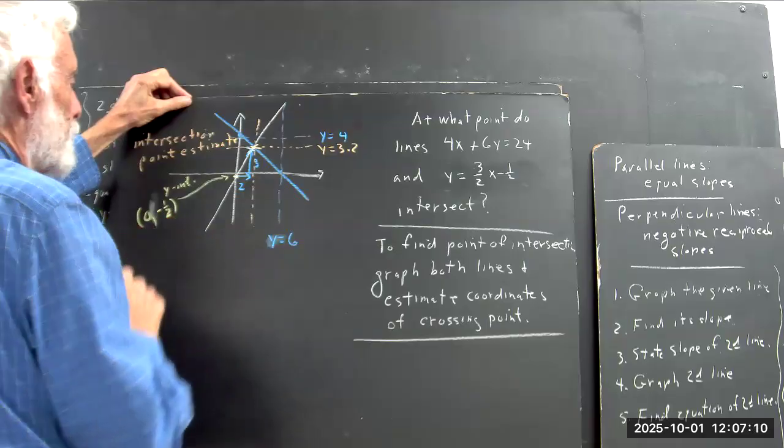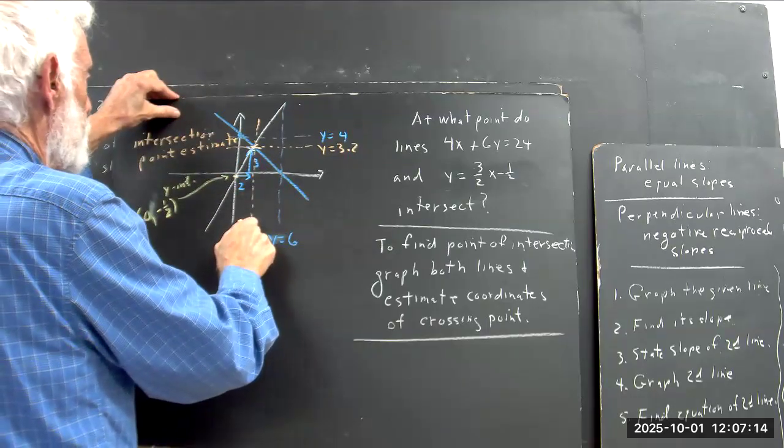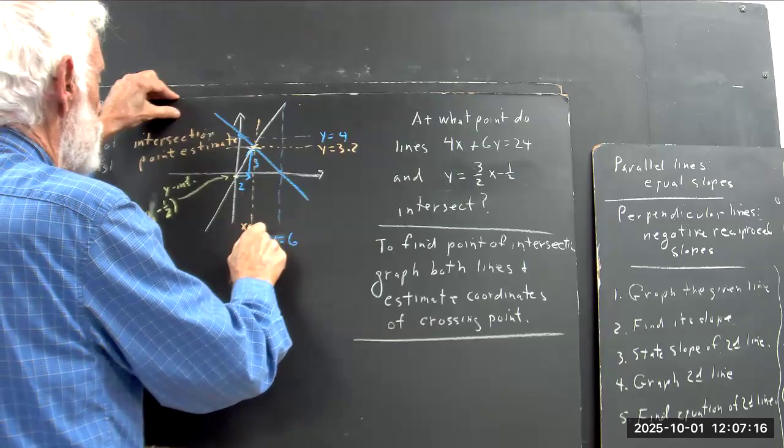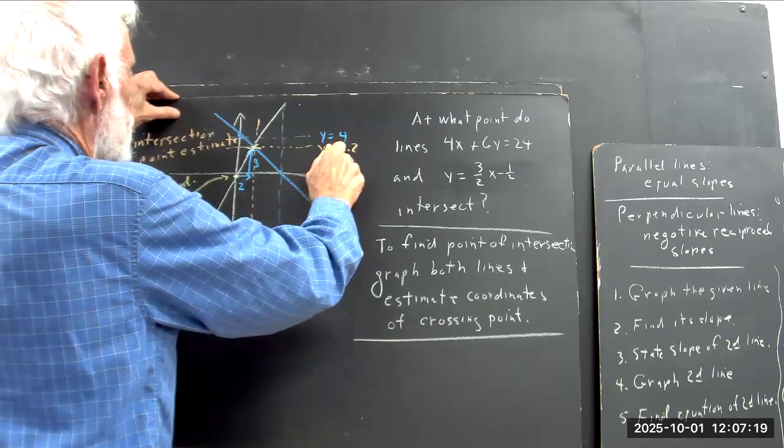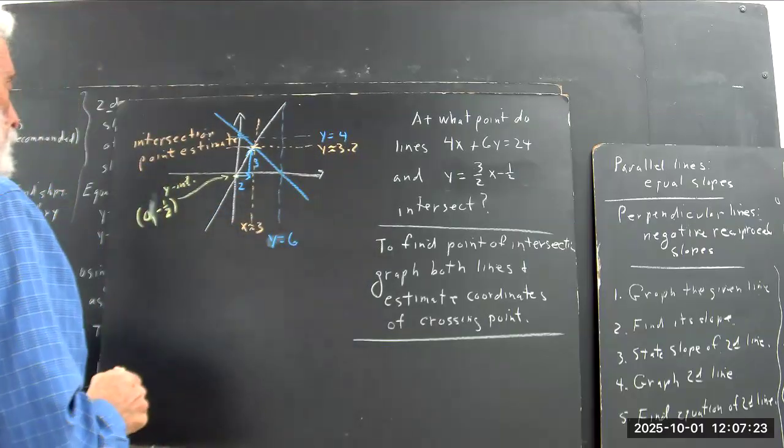And here, x is a little bigger than 2. It looks like maybe x equals 3. Make those approximately equal. Make the equal signs wavy.